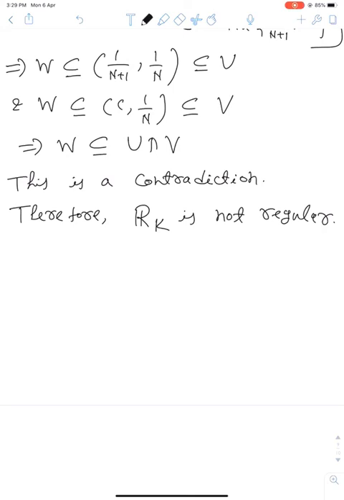RK is not regular. Now we claim that RL cross RL is regular but not normal.